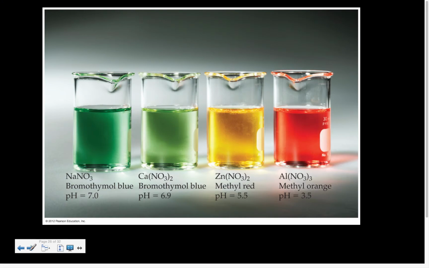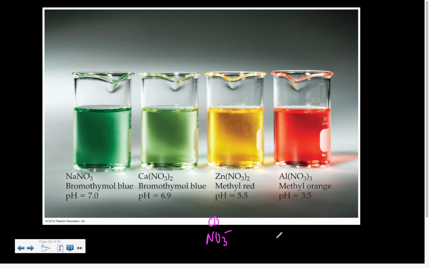All right. So looking at some solutions. Here we have solutions with indicators in them: a solution of sodium nitrate, calcium nitrate, zinc nitrate, and aluminum nitrate. So what do they all have in common? They all have the nitrate ion in common, so they all have the same anion. Thinking back again, anions, meaning that they have been deprotonated, are the conjugate bases of some acid.